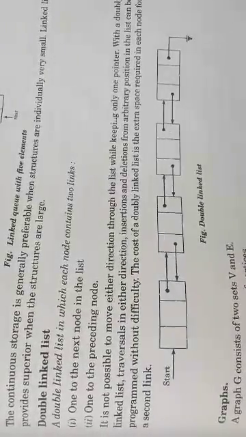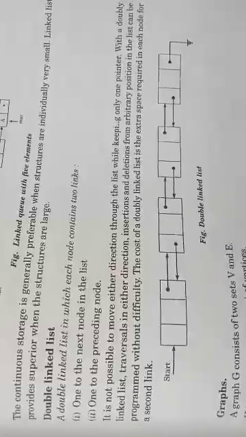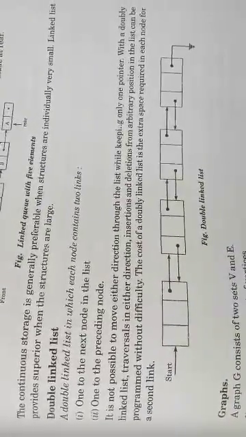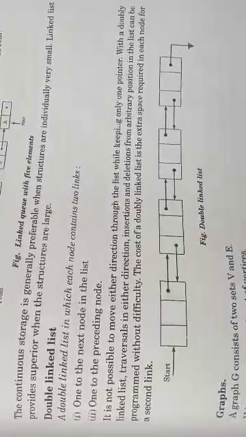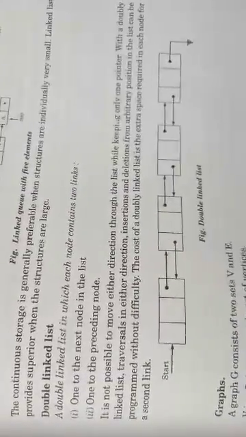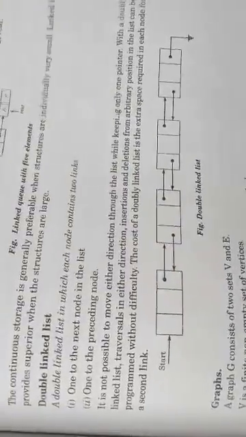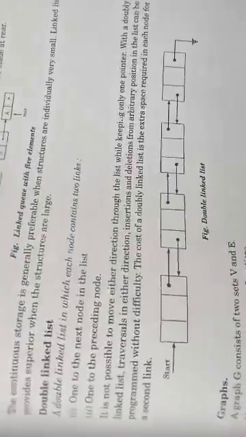Traversal in either direction, and insertion and deletion from an arbitrary position in the list, can be programmed without difficulty. The cost of a double linked list is the extra space required in each node for a second link.